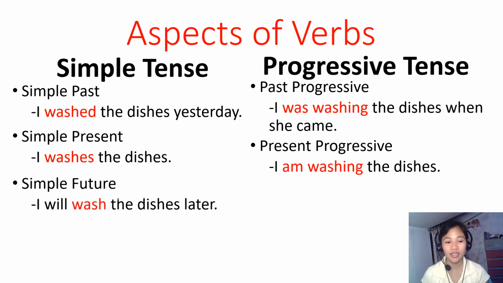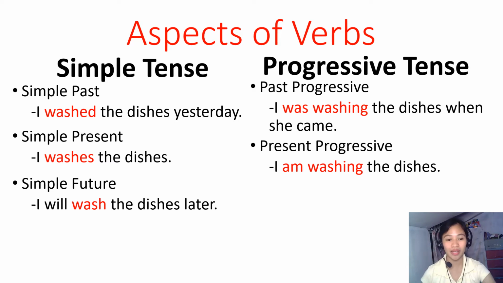Next, we have the simple future tense. Let's define first what is simple future. Simple future is an action that will happen in the near future. It does not happen yet, but it will happen. So we should add will plus the base form of the verb.